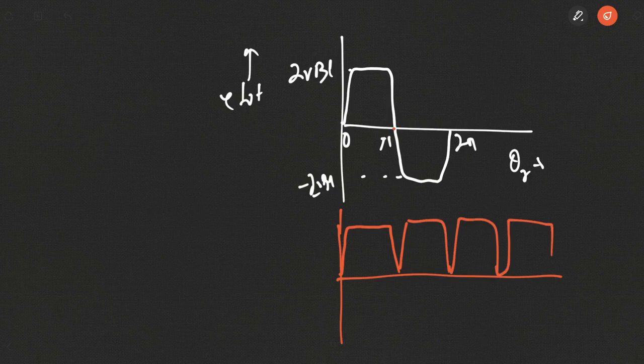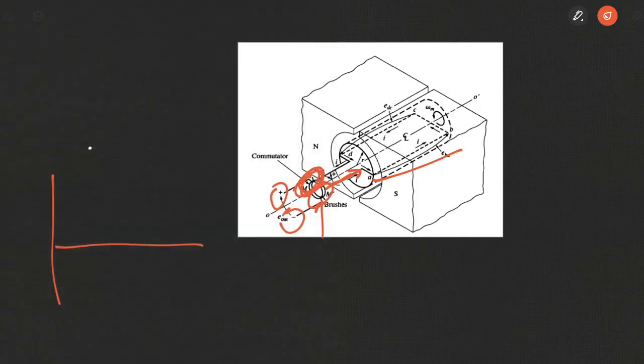Fine. So even though there will be some distortions, it will not be a purely DC, but since the frequency is very high, it will look as if it's constant voltage and we are obtaining a DC output voltage. Associated with this are a number of losses: brush losses, commutator losses, commutation problems. We'll be looking into those in detail when we study the DC machines.